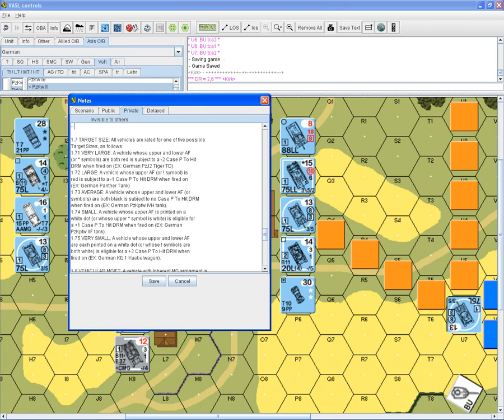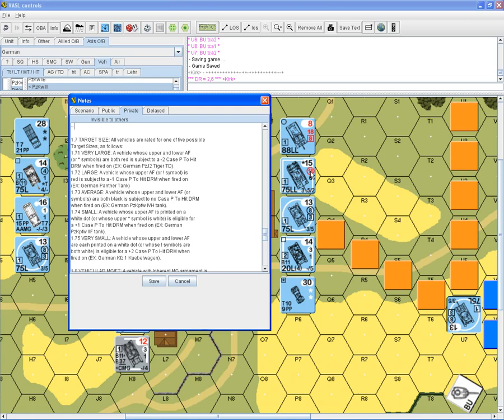Very large targets have both of their numbers in red. If both of their numbers are written in red, that means you have a -2 to hit them because they're extremely large. The next category would be large. In this case, one of the 2 is red.